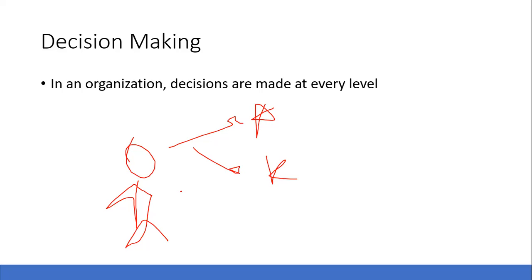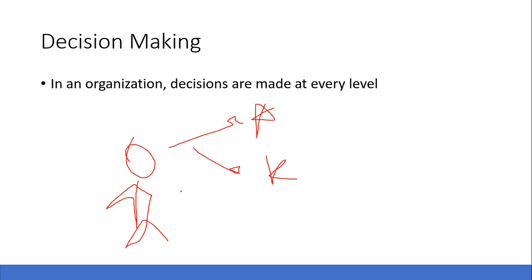That's not a problem at all. Even a very small kid can influence a decision. Everyone has some sort of influence in an organization.